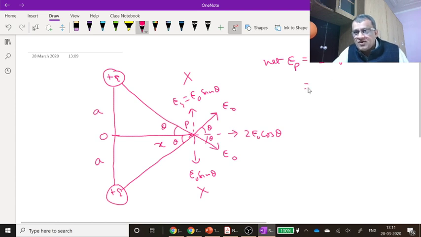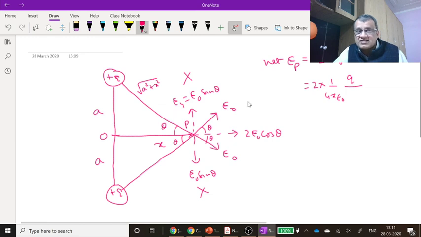Okay. Now I am using the standard result of E, which I gave you qualitatively. 1 upon R square is there, Q is there, and that constant of proportionality is 1 upon 4 pi epsilon naught. Q, we have taken this as just Q upon this distance. Now, if this is X, this is A, this distance is A square plus X square.